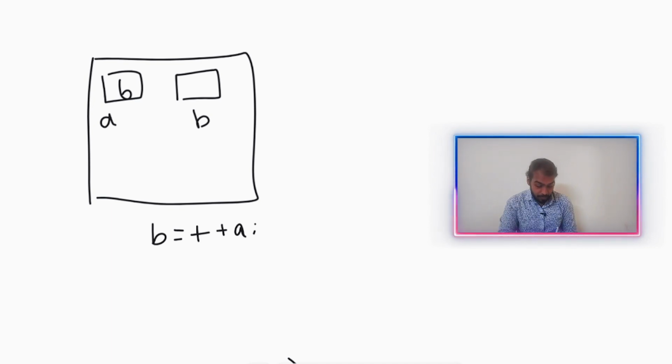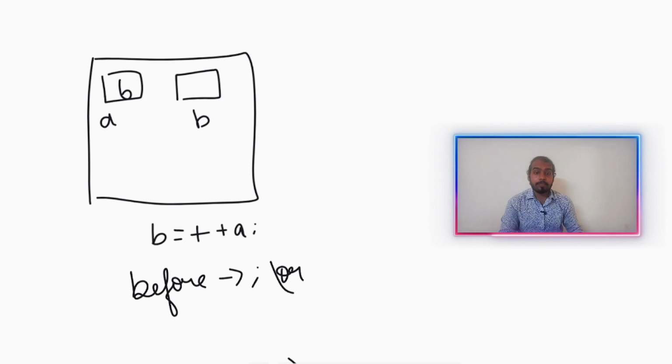By before the end of statement, I mean before reaching either a semicolon or a comma. Both are said to be end of statements in Java language. So if you see carefully, plus plus A means plus plus is given before the variable, that is pre-incrementation, and by pre-incrementation, before reaching the semicolon, I have to increment the A value by 1 in the A memory block.